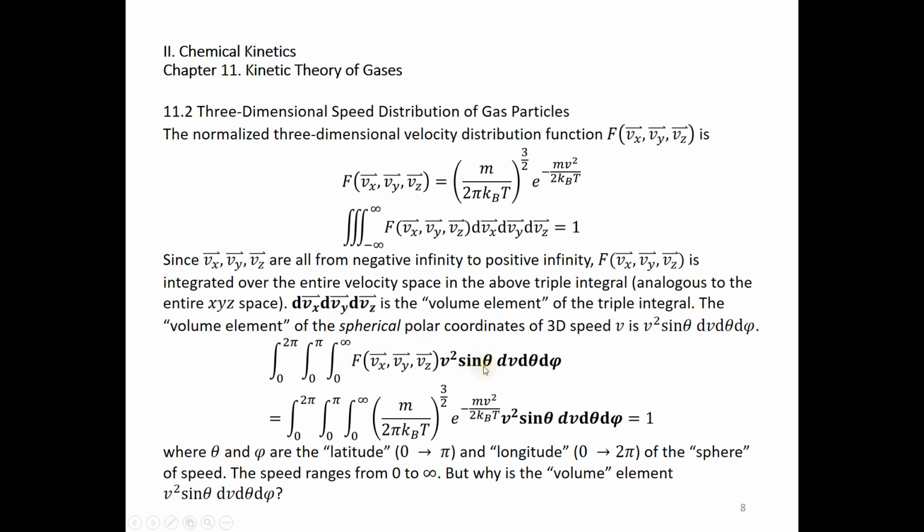Theta is the angle between the velocity vector and the z-axis, and theta is from 0 to pi. Finally, phi is the angle between the x-axis and how the velocity vector is projected onto the xy plane.